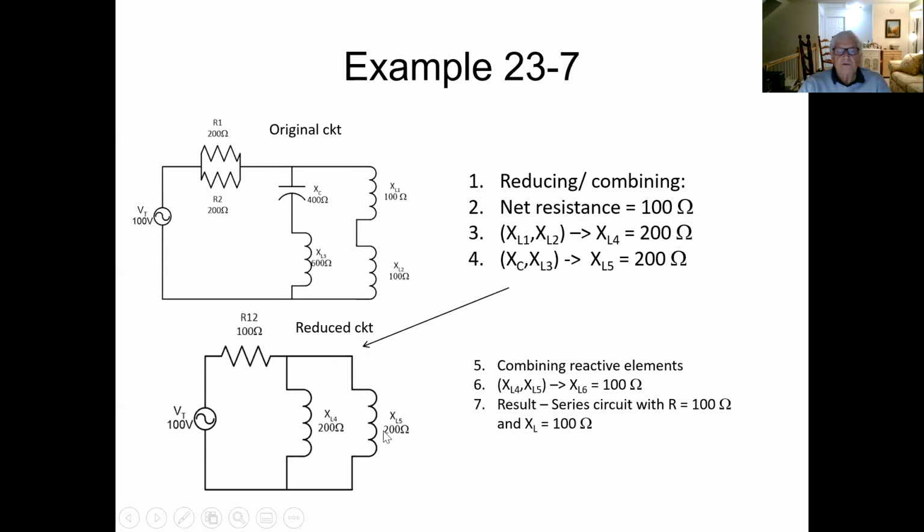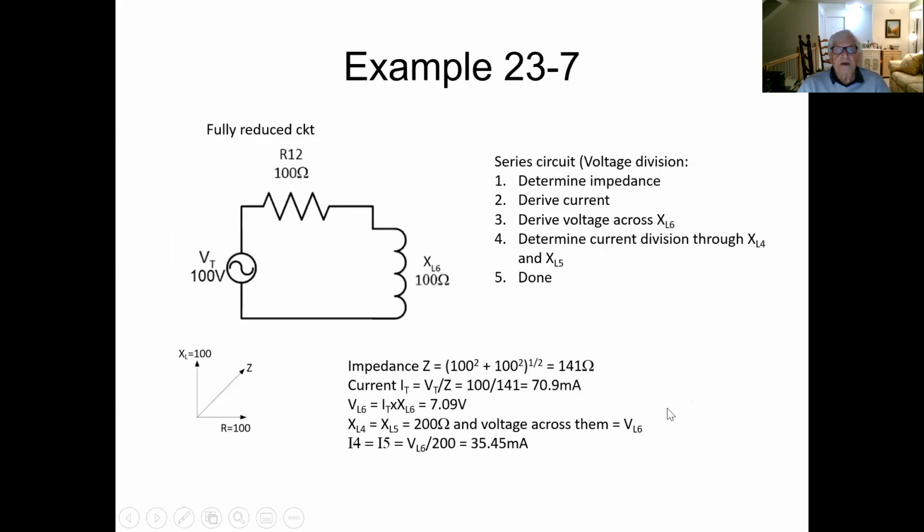But 200 in parallel with 200 is going to give you 100. So that results in 100 in series with 100 in series. So this is our equivalent circuit, and then we would determine what the impedance is. The current is found just by dividing the impedance into the voltage, and so forth.